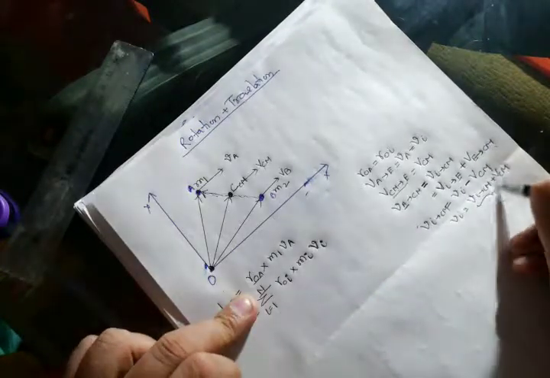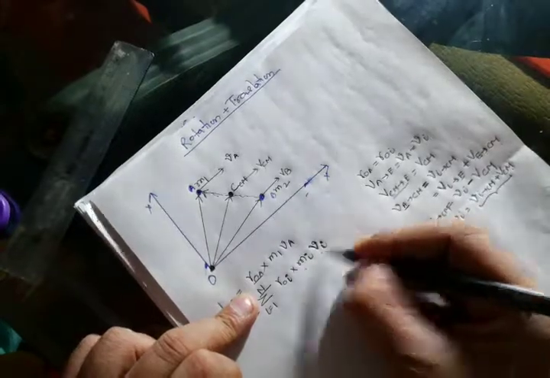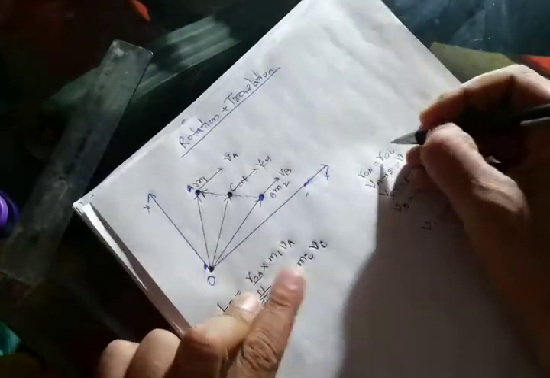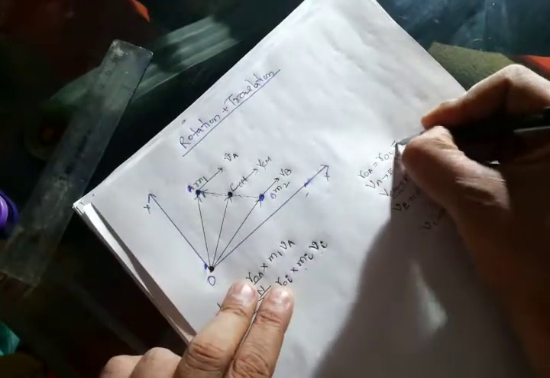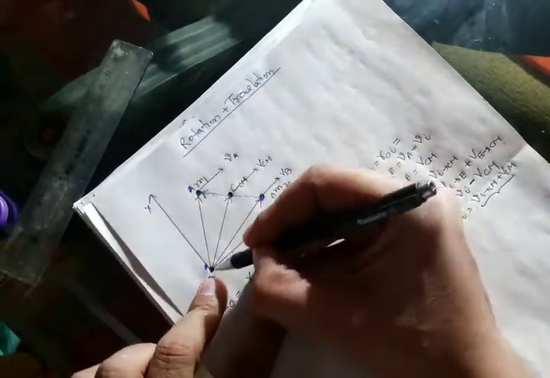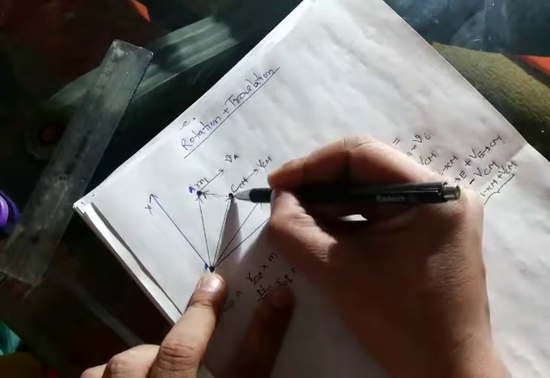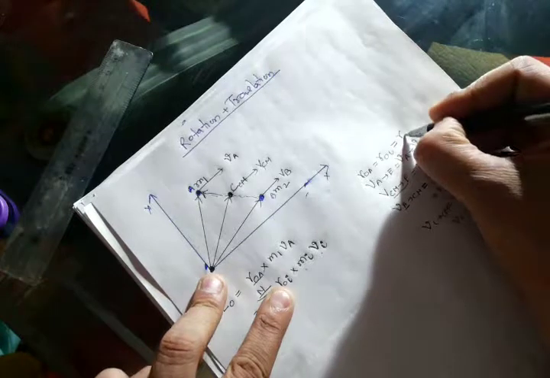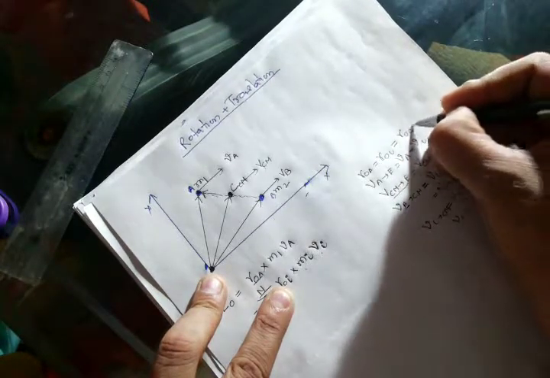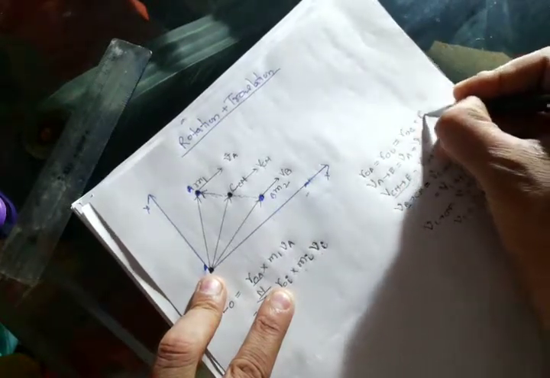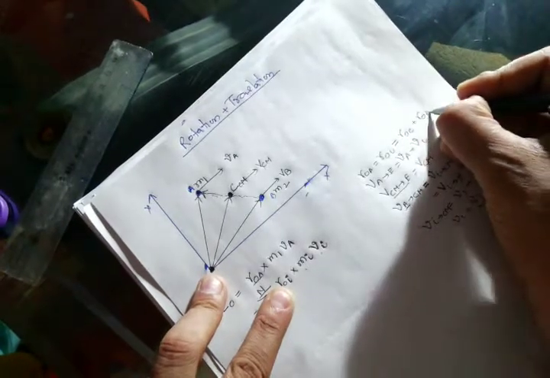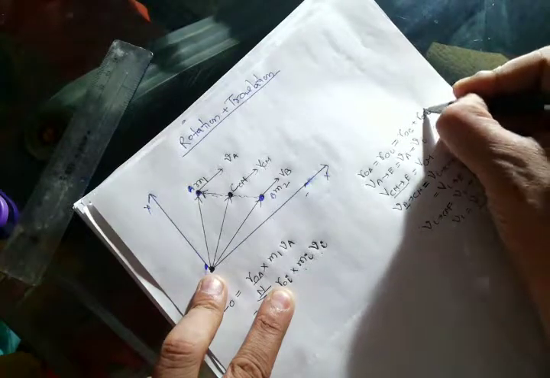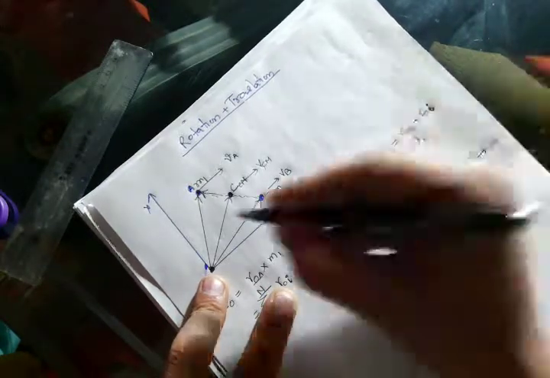Now we are going to put this here, and for ROA, ROI, ROA is equal to ROC plus CI. So we can make it ROC plus CI, because we are talking about the ith particle, ith mass.